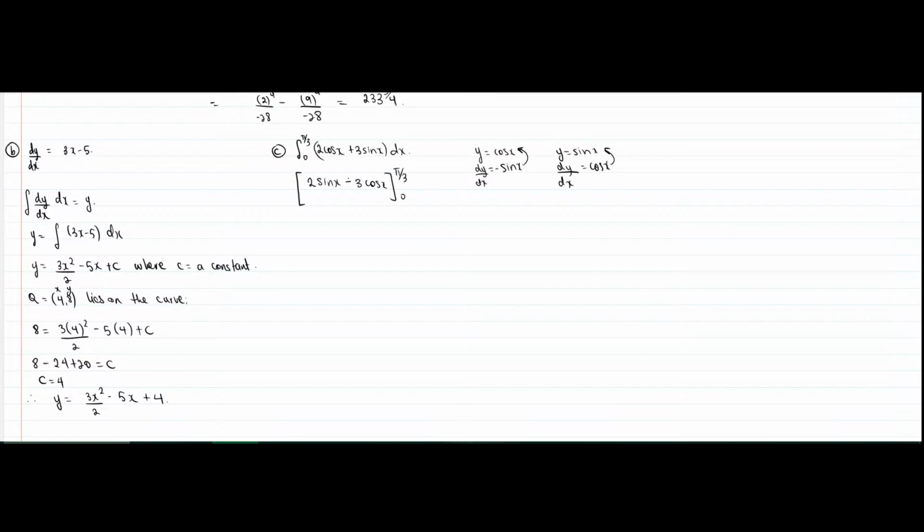Now for trigs, just because you have 0 as my lower limit doesn't mean that the second part of my substitution will work out to be 0, because cosine of 0 is a number. It's 1. So you just have to be careful. So let's substitute with limits now. I get 2 sine of pi on 3, take away 3 cosine of pi on 3, minus 2 sine of 0 minus 3 cosine of 0.